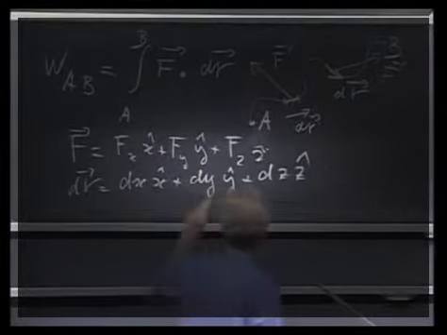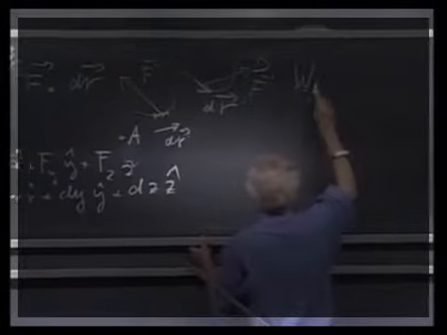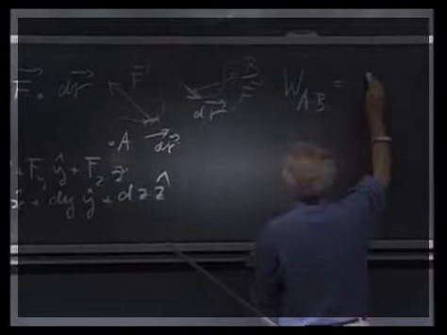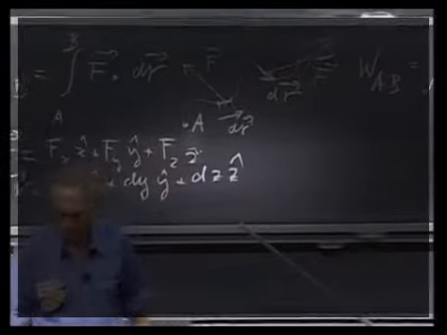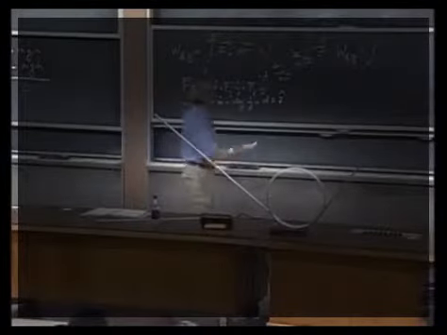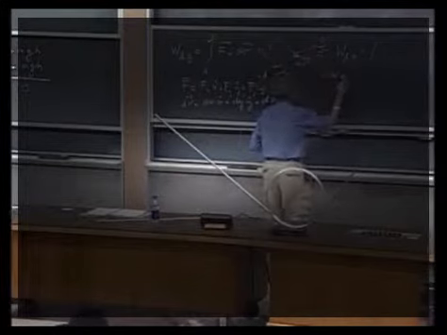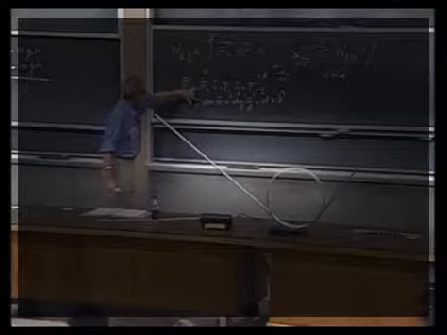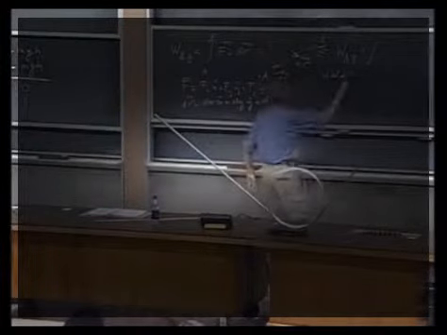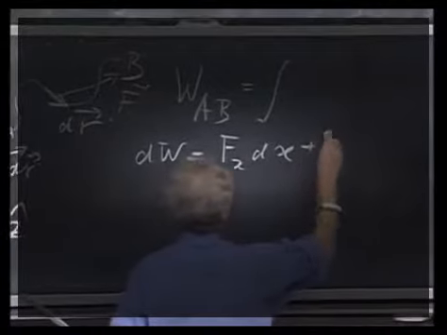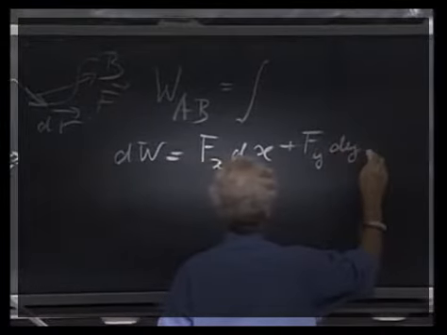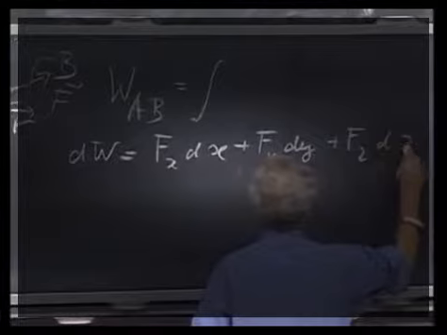So the work that this force is doing when it moves from A to B is the integral of this F dot dr. Let's first take a small displacement dr, then I get dW, that is simply F_x times dx, it's a scalar because this is a dot product, plus F_y dy, plus F_z dz.